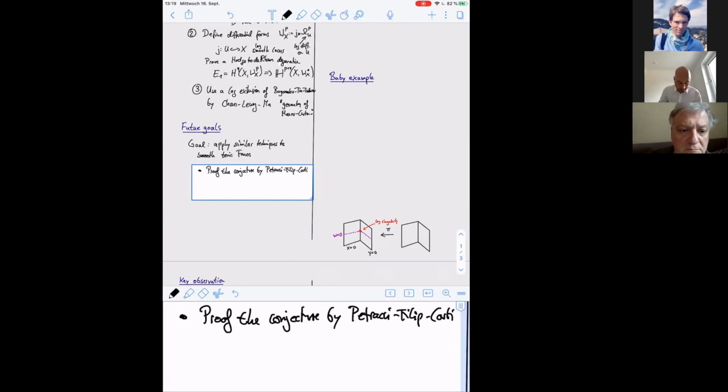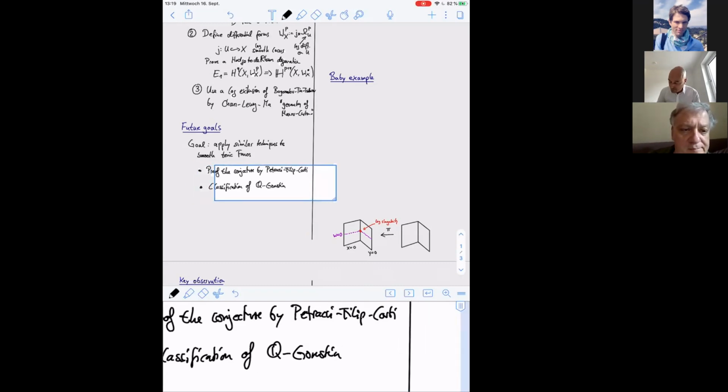Then there's the classification of Q-Gorenstein Fano threefolds. Okay. So we all know the classification of smooth Fano threefolds. I think there are 105 of them, plus or minus.